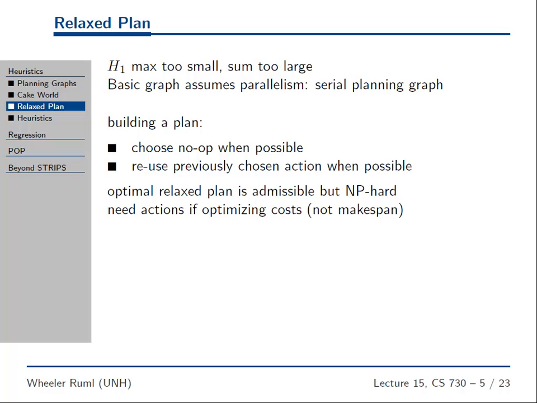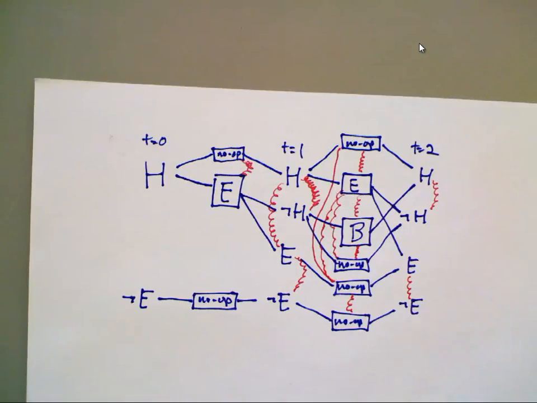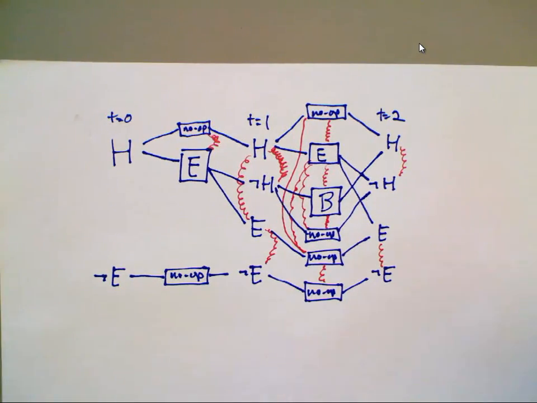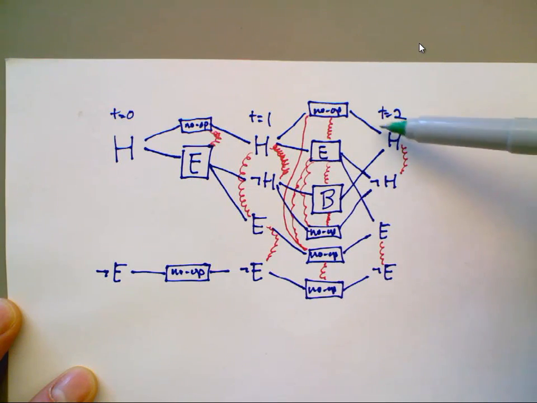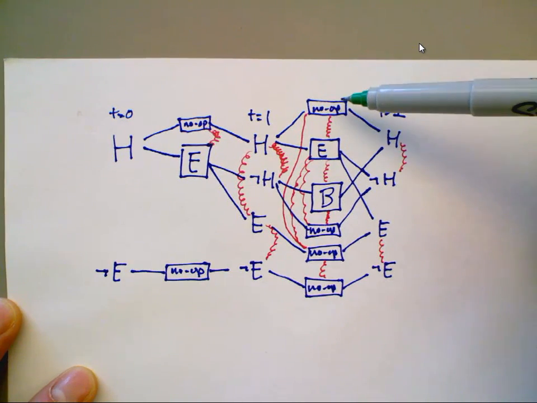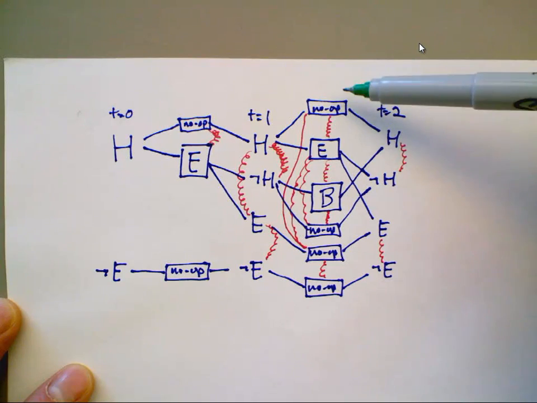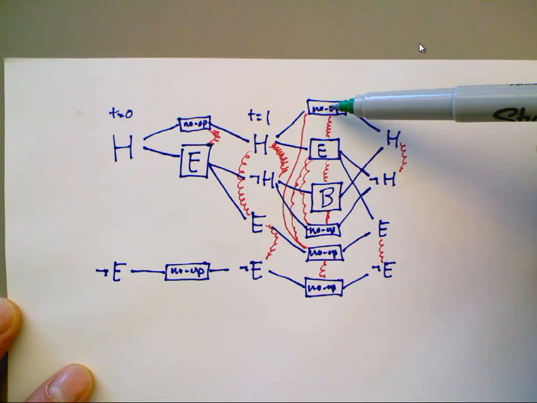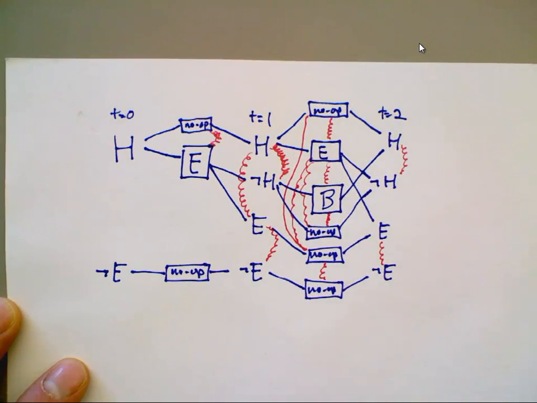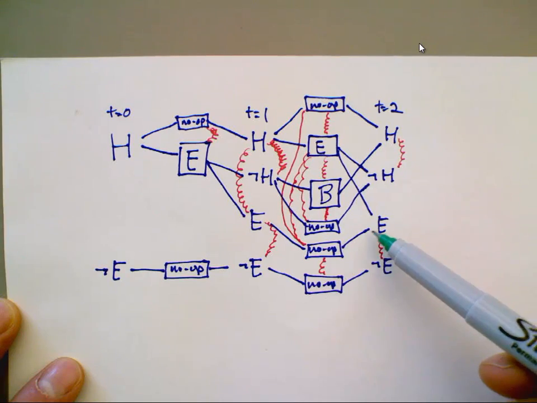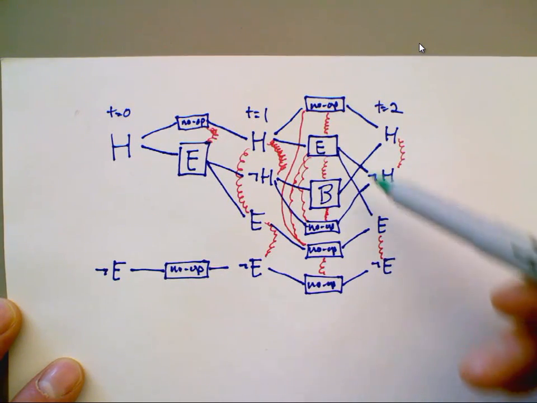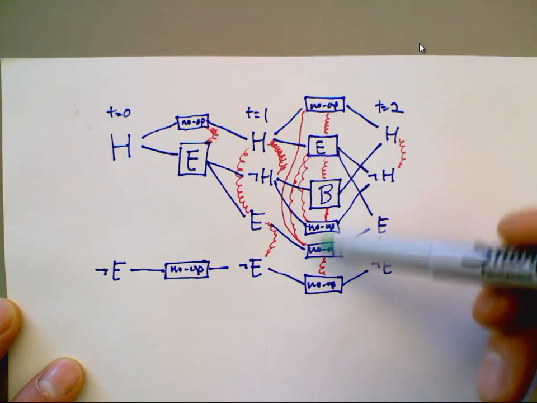So here, for example, we wanted to have our cake and eat it too. Having can be achieved by a no-op. So we'll choose to put no-op in our plan. Now, the only reason that doesn't work is because no-op is actually mutex with, well, no, we can use eat. No-op is actually mutex with both ways of getting eat.